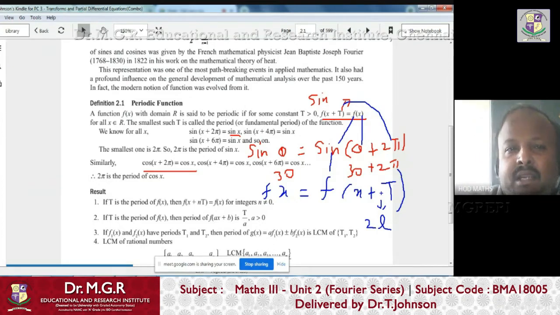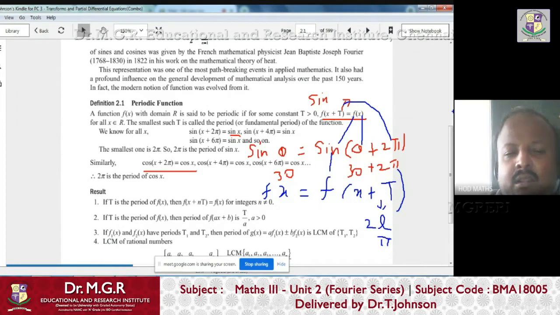But in this book, which we are learning through online, they take l equals pi, no problem, because we are only discussing sines and cosines. So they take the periodic length as 2 pi, but in general we can define it for any 2l, while here in this book they define it for 2 pi.